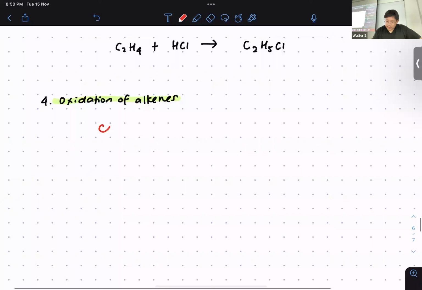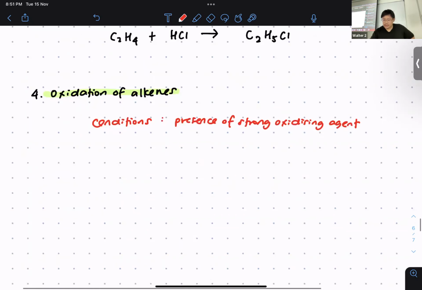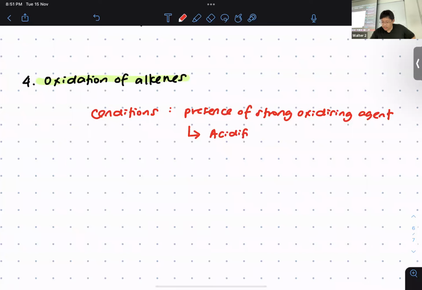So the condition here will be very simple: presence of a strong oxidizing agent, such as acidified KMnO4, or you can also use acidified K2Cr2O7.